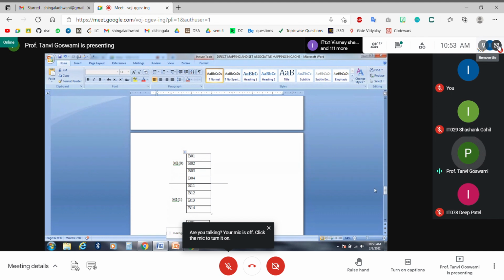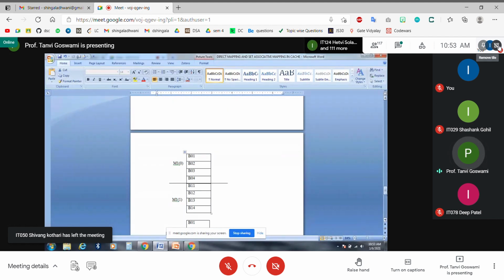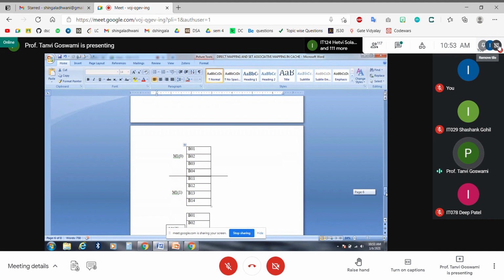So the requirement of multiple blocks will be fulfilled by set associative mapping. We can keep multiple blocks in a single set. This kind of organization is called a two-way set associative cache, because the cache memory is divided into two sets. Further, we can have a four-way set associative cache.